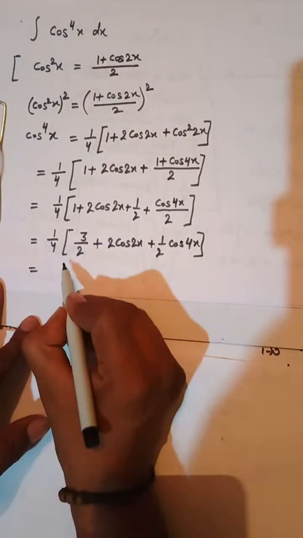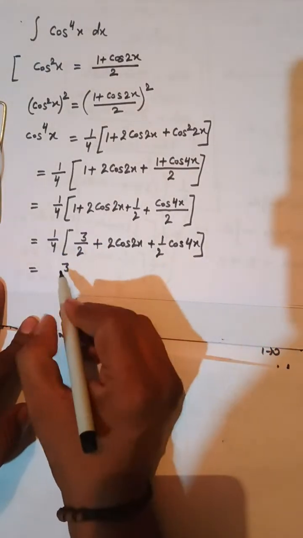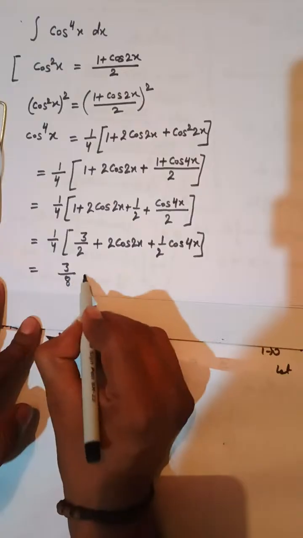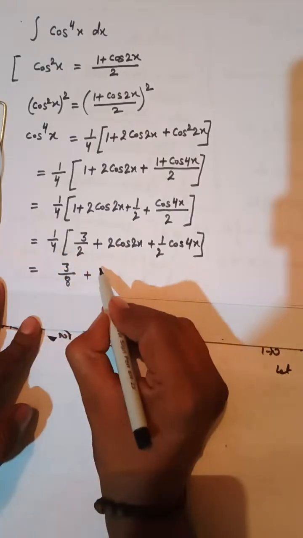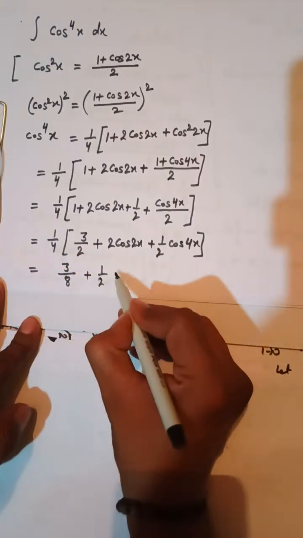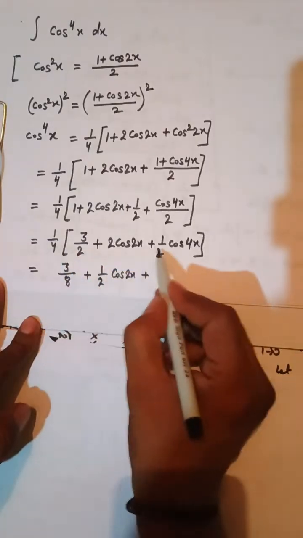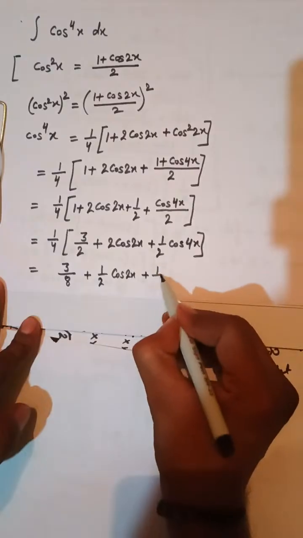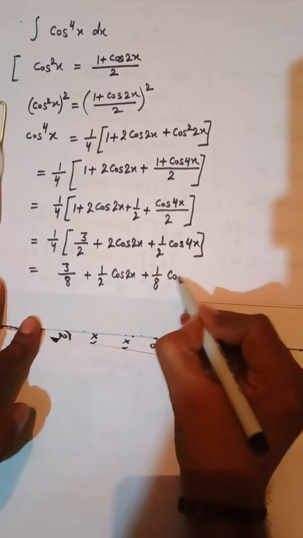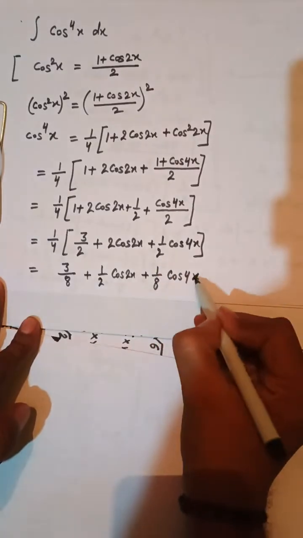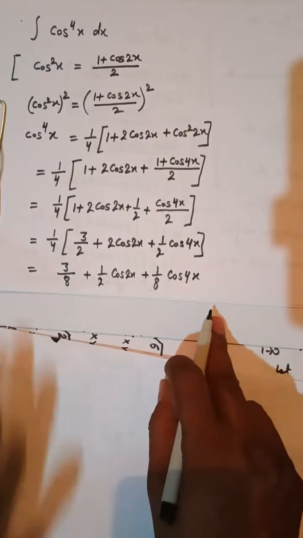So here 3, 4 into 2 is 8, then 2 by 2 cancel, so 1 upon 2 cos 2x, and then 4 into 2 is 1 by 8, and then cos 4x.